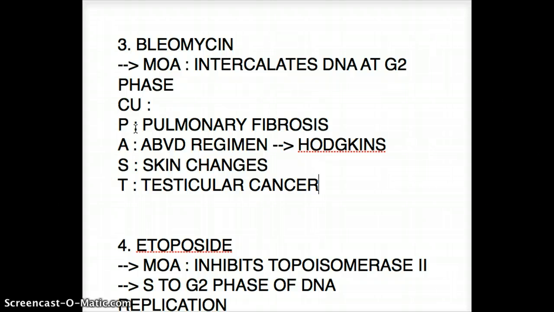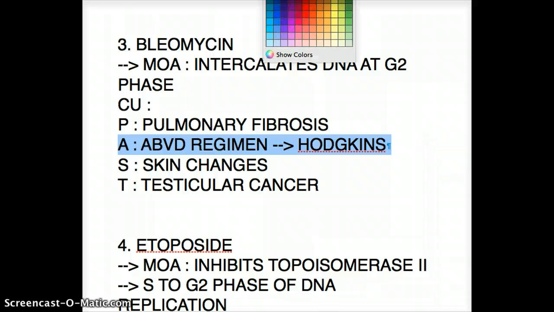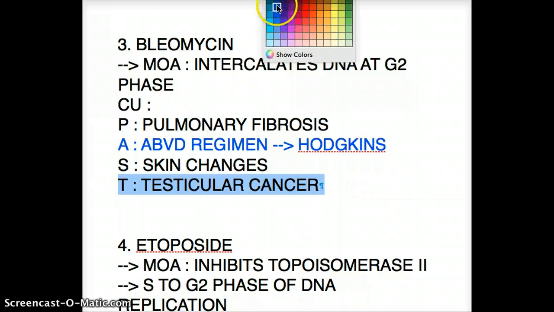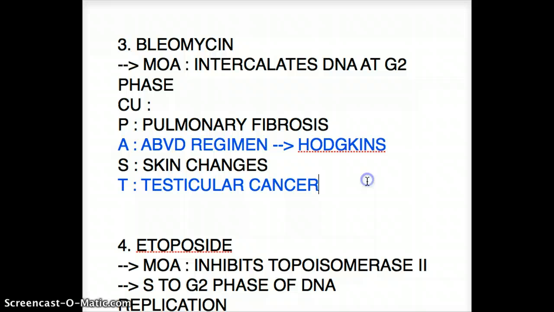I know that A and T are clinical use, so I'm just going to highlight them in a different color. A and T are my clinical use, and pulmonary fibrosis and skin changes are the toxicities. There is very minimal myelosuppression, that's why I didn't talk about it.